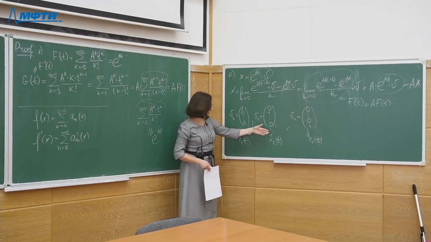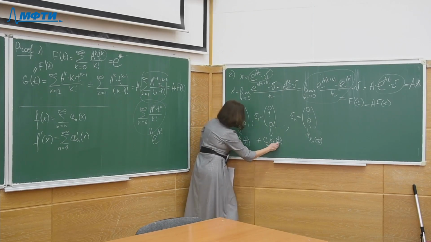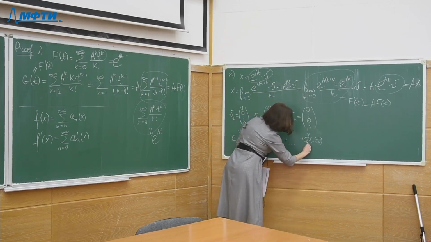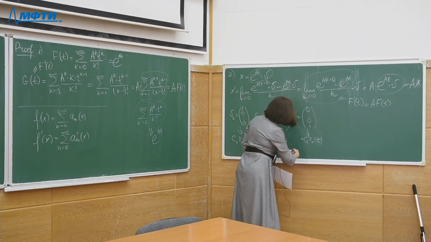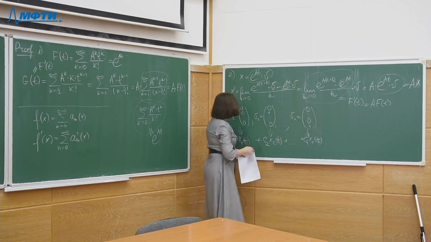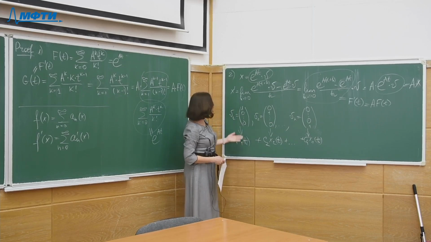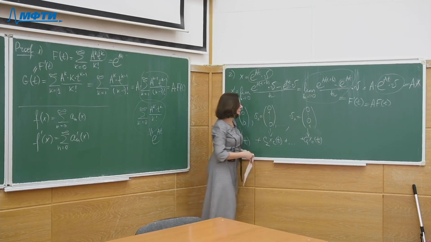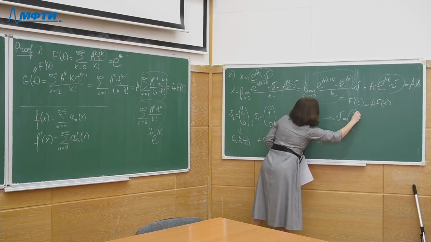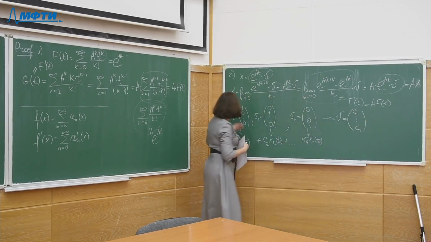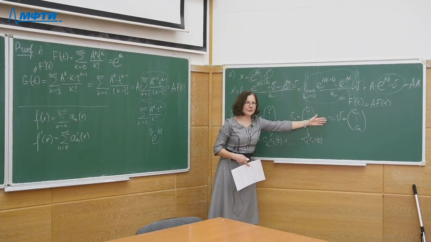If we take the linear combination of these vectors at the point t equals 0, we can obtain any vector v, which is equal to (c1, ..., cn). If we multiply v1 by c1, v2 by c2, and find the sum, we will get this vector v. So proved.